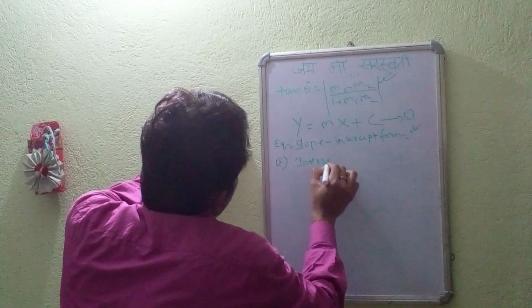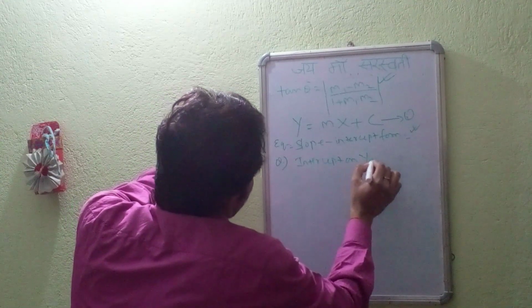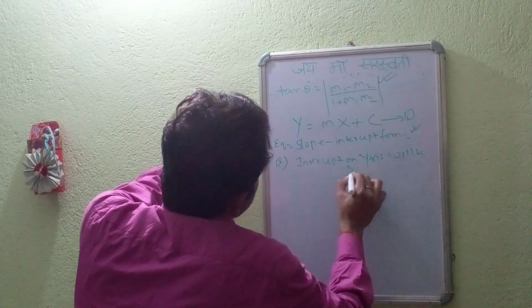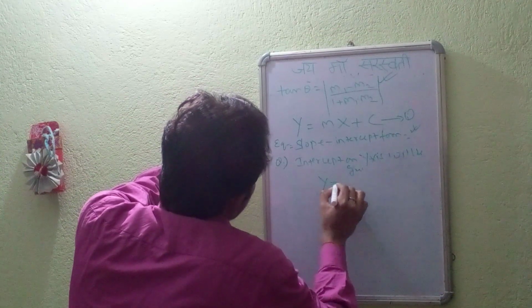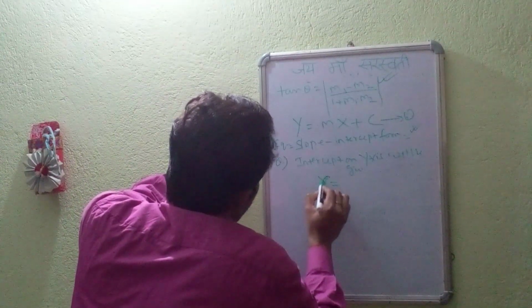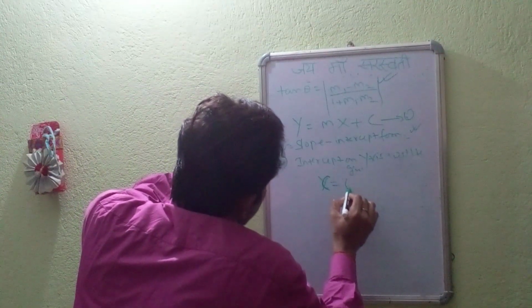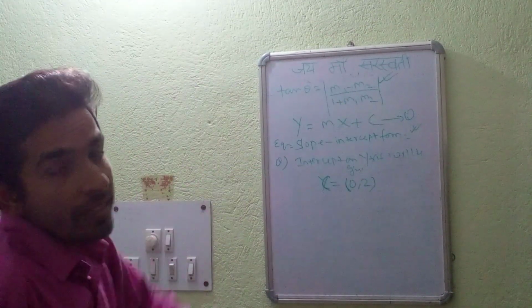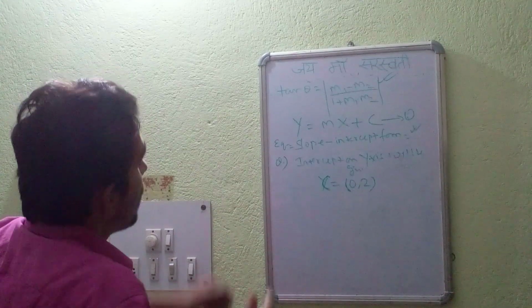Suppose c is given, it is (0, 2). That is, the intercept is given.